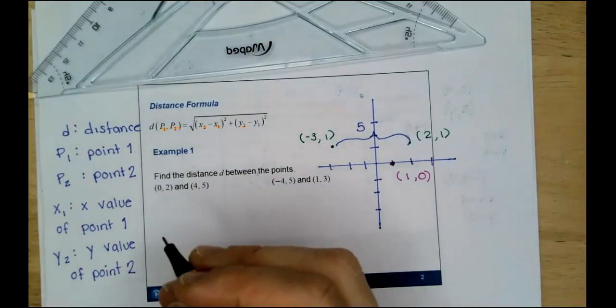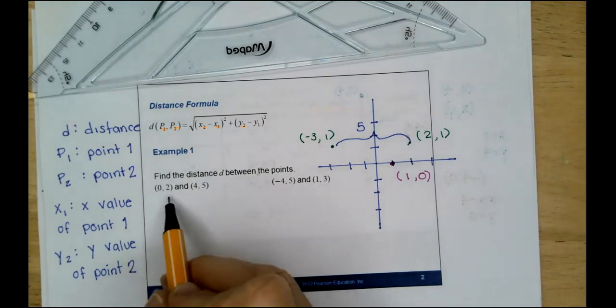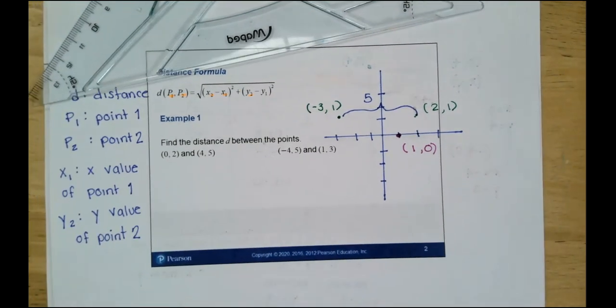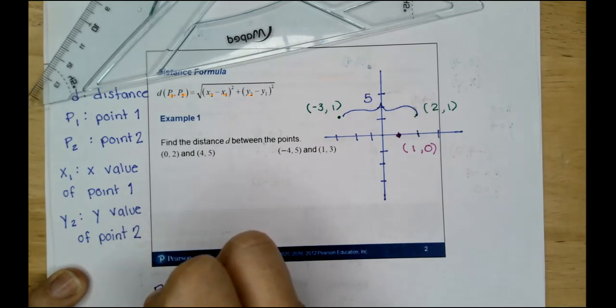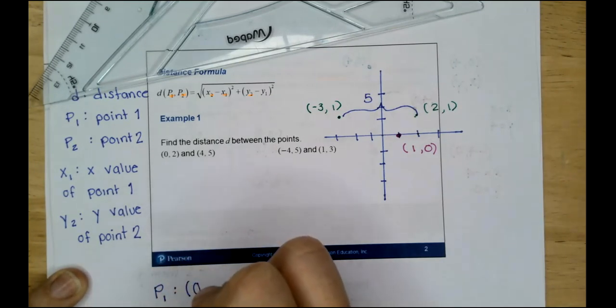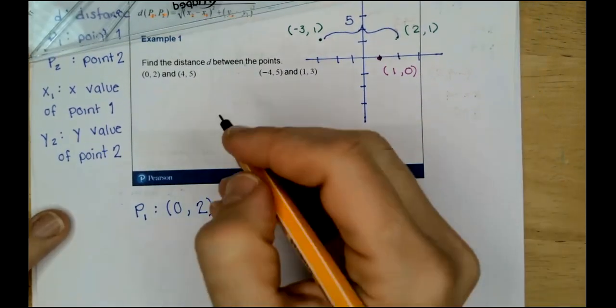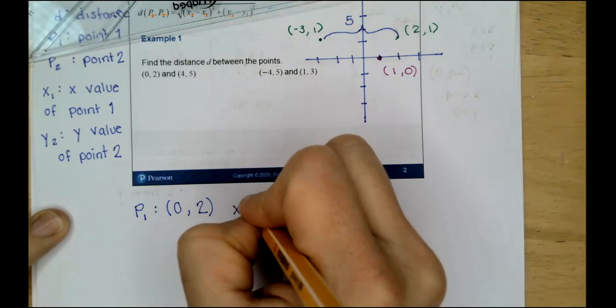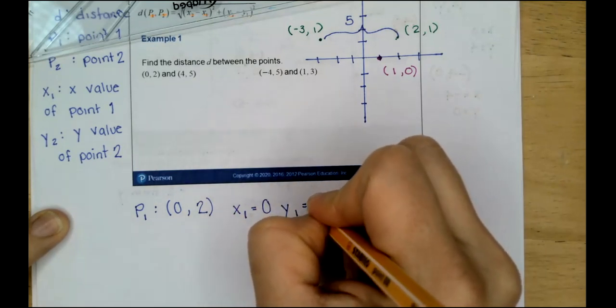Okay. Number 1, find the distance D between the points 0, 2, and 4, 5. So I'm going to say my P1 is 0, 2. Now I'm going to label X1 is 0, Y1 is 2. Does that make sense?